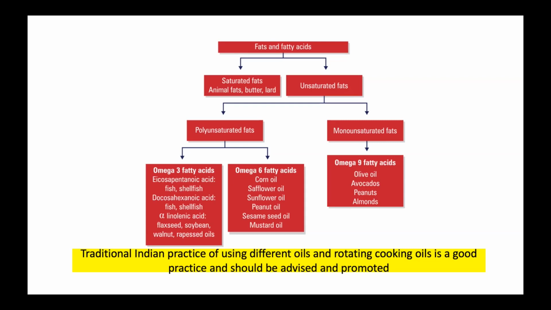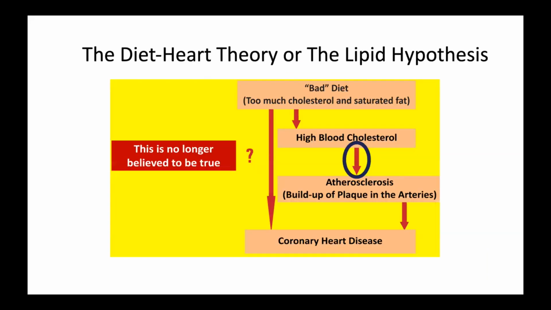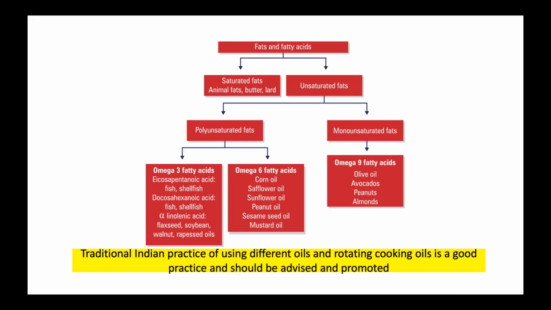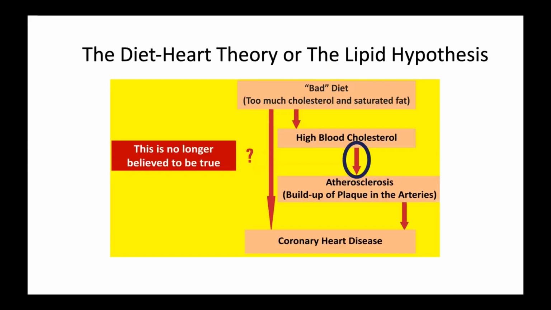The eicosa and docosa sources are mainly fish, especially fatty fish and shellfish. A very good source of alpha-linolenic acid is flaxseed, known in Hindi as alsi. Soybean, walnut, rapeseed oil, and even our mustard oil are also good sources of omega-3 fatty acid.